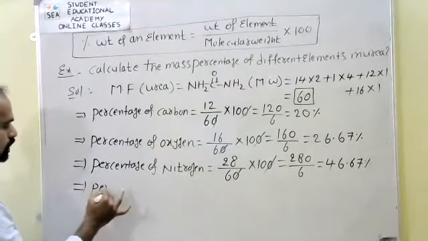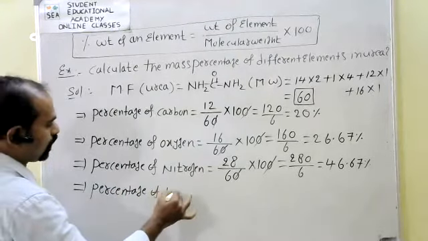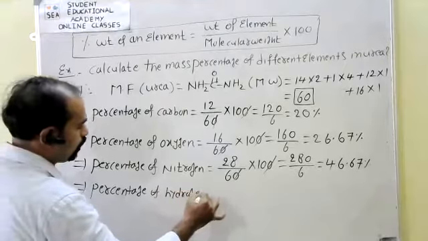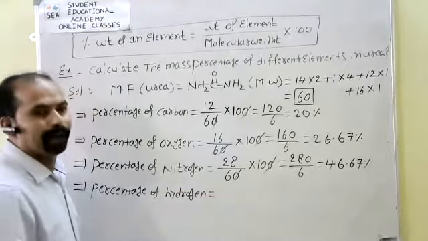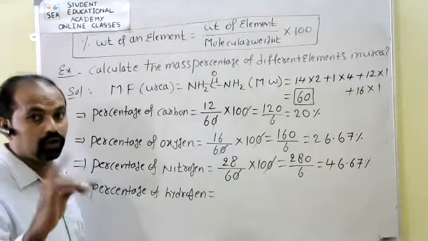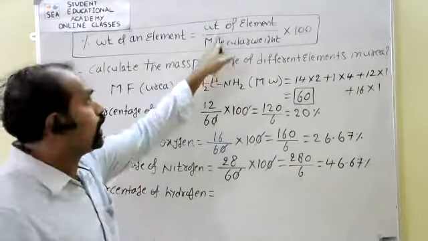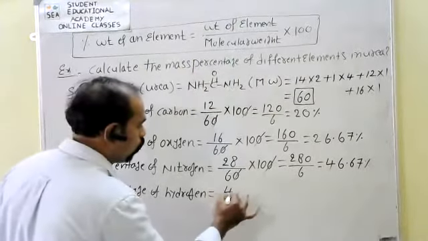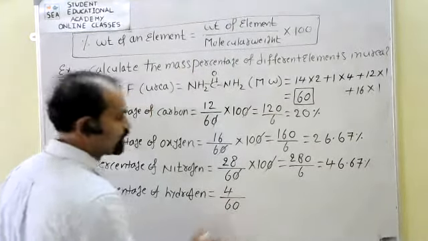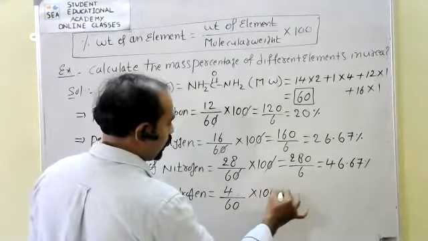Followed by, what is the last element? Hydrogen. See this, the percentage of hydrogen equals, what is the atomic mass of hydrogen here? 1. And the total number of hydrogens in the given molecule is 4. Total weight of the element, 4, upon 60, the molecular weight, into 100.